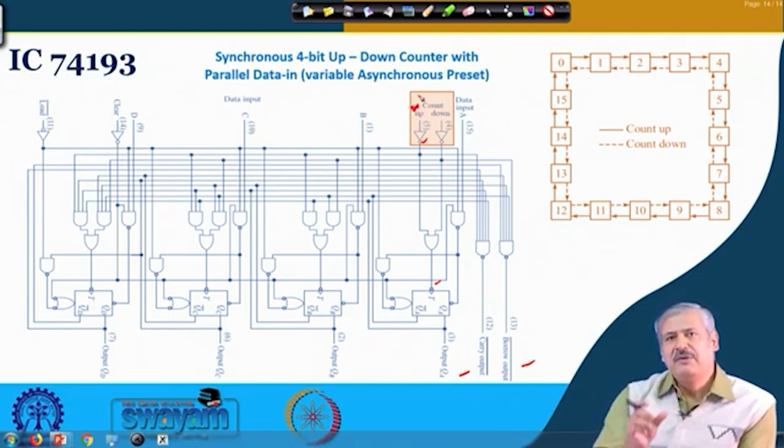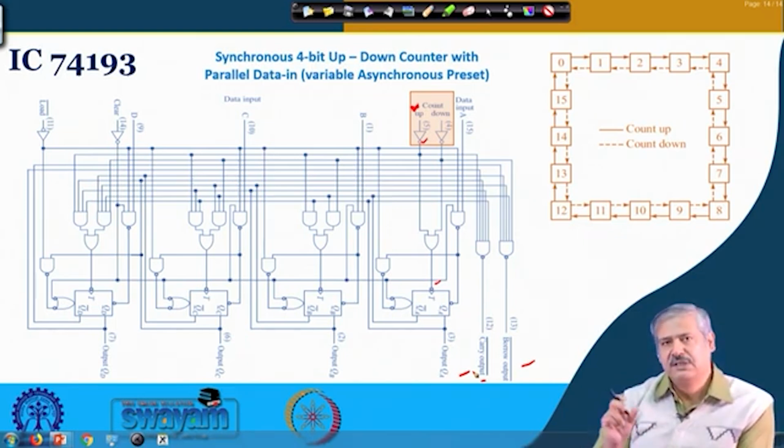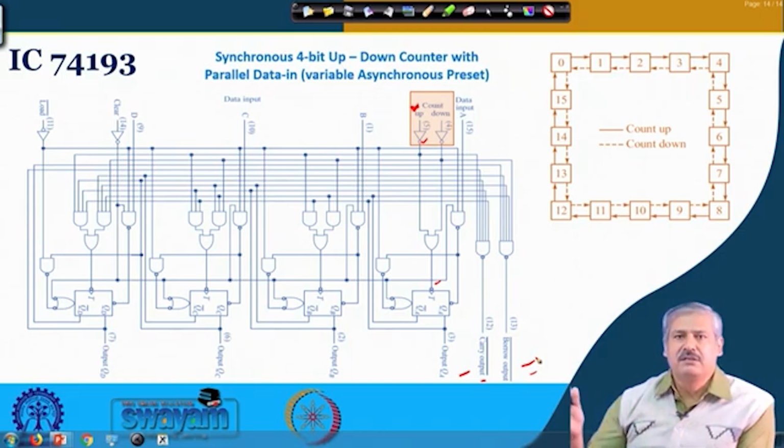Whenever the count up clock input goes low in the second half of the cycle and the value is 15, at that time the carry output will be active, only for that small duration, as long as the clock input remains low. The borrow output happens in the other direction, when the count goes 4, 3, 2, 1, 0.